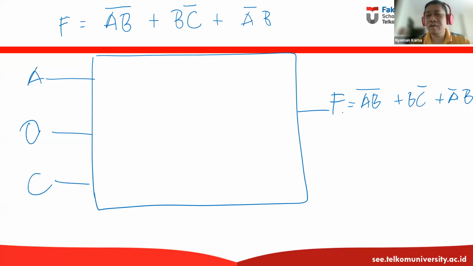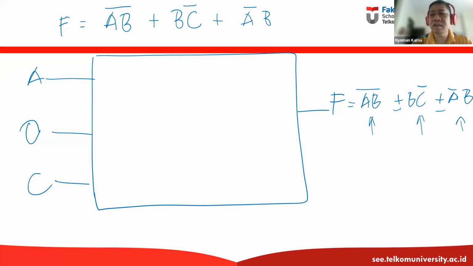To get the value of F, we need to identify the value of A B naught, the value of B C naught, and the value of A naught B. And then we need to add all those three values to get F. So the last function to get F is addition.